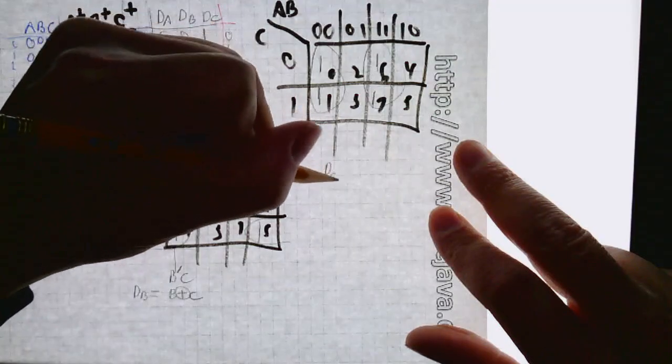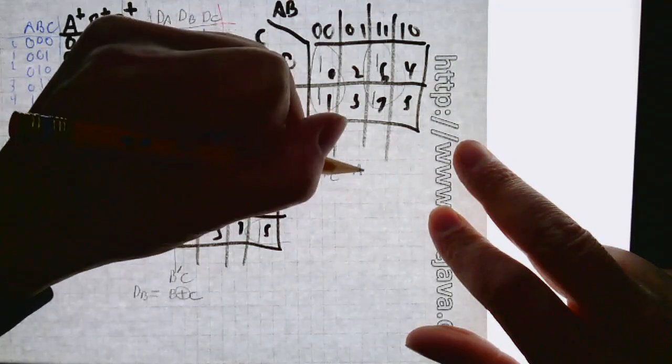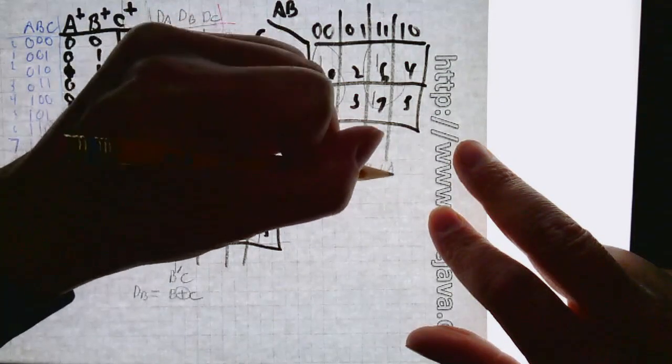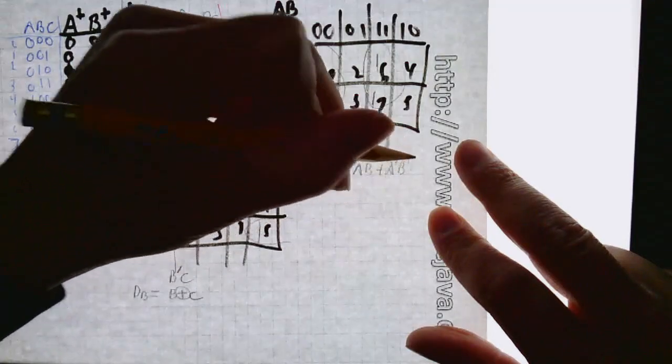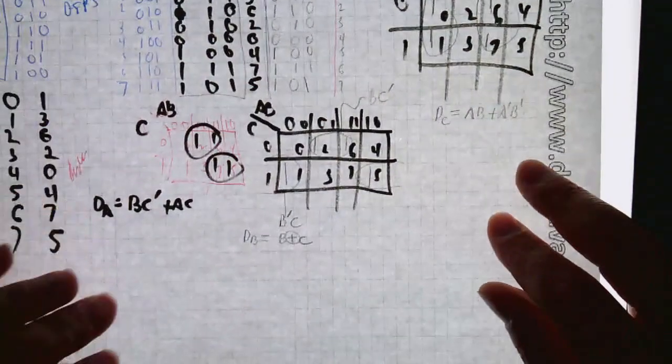So D sub C is equal to AB or A prime B prime. So that's my design.